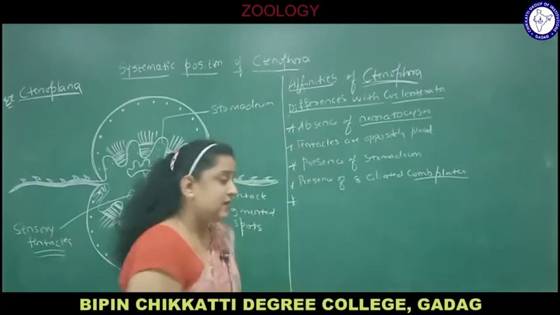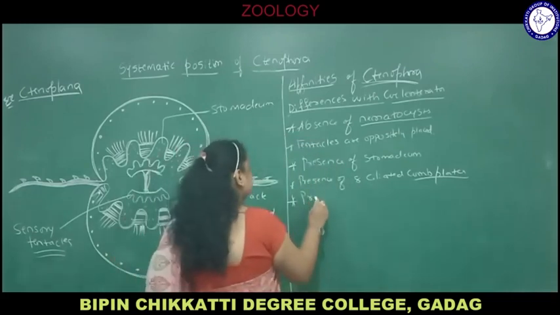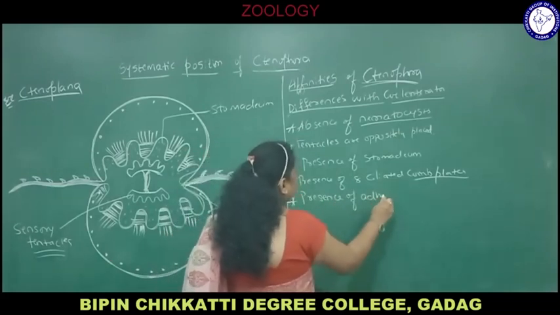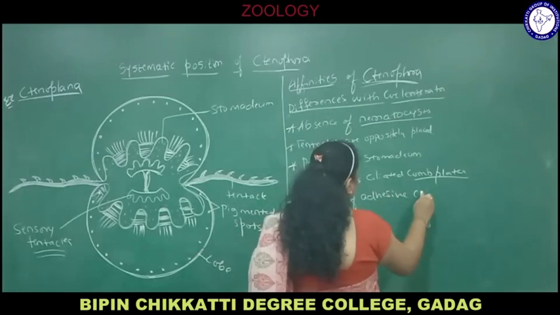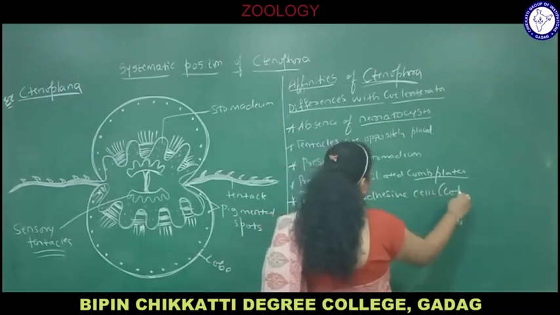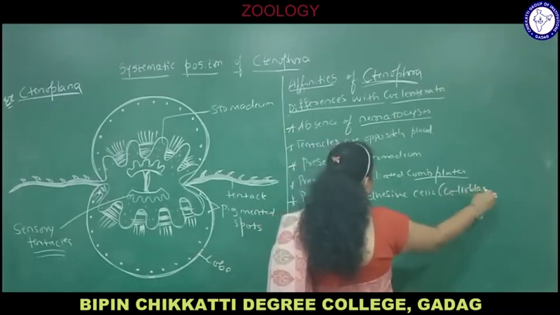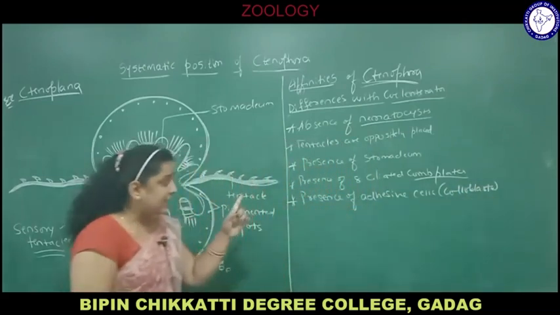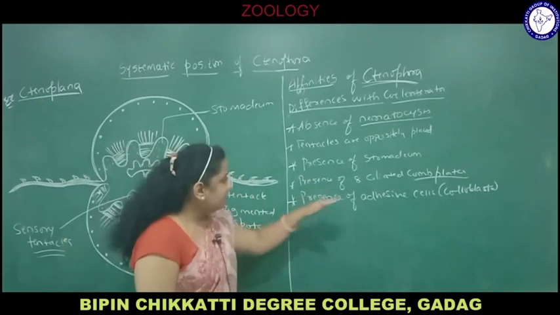Presence of coloblast cells over tentacles. Presence of adhesive cells called coloblasts over tentacles. In Cnidaria, tentacles had nematocysts, but here tentacles have coloblasts.